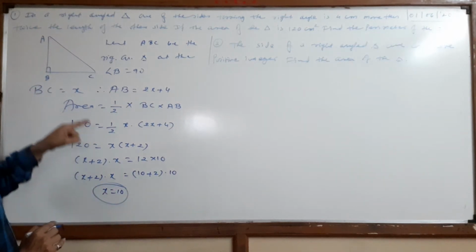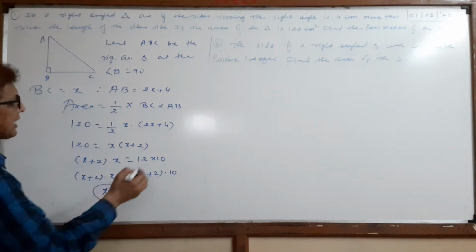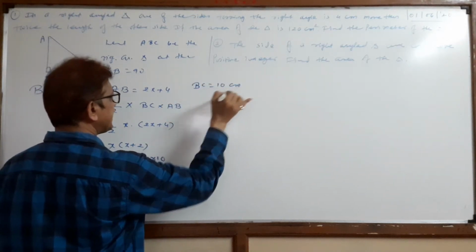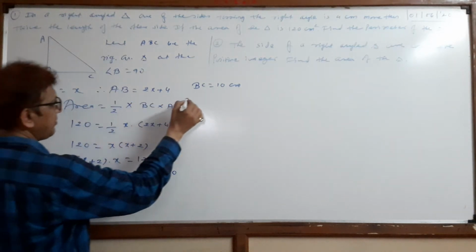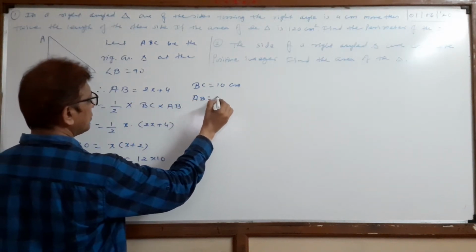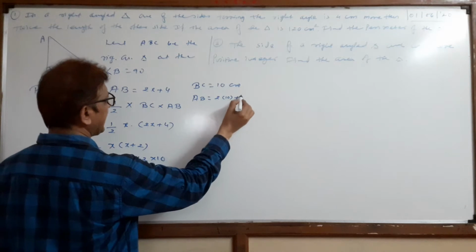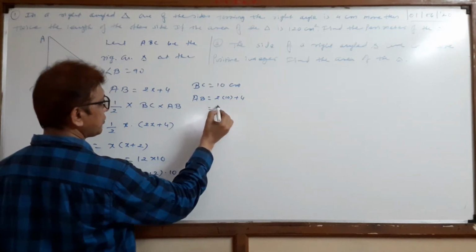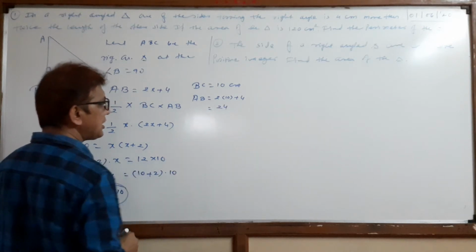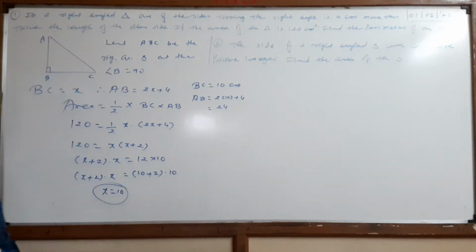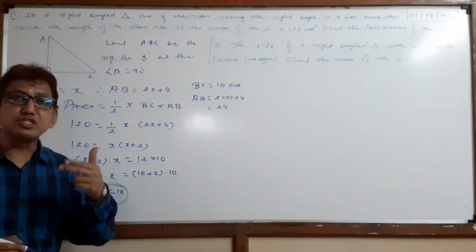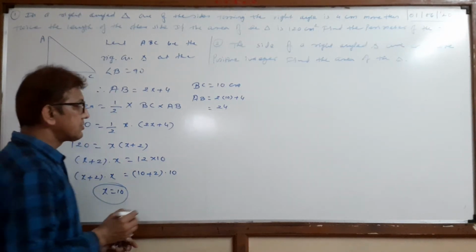Clear? So x is BC, that means BC equal to 10 centimeter, AB equal to 2 into 10 plus 4, 10 twos are 20, 20 plus 4 is 24. So AB equal to 24. Now apply the Pythagorean triplet.